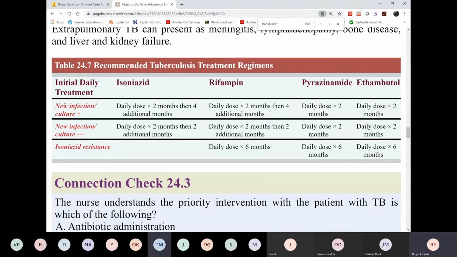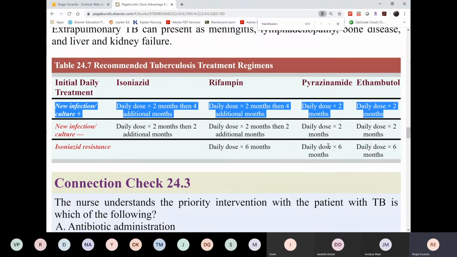We'll only test the first row, this one right here, this regimen. So these are the 4 drugs taken, and this is how we take it. There are 2 phases here: the initial phase and the continuation phase. The first phase is 8 weeks, or 2 months. Look at the first row.